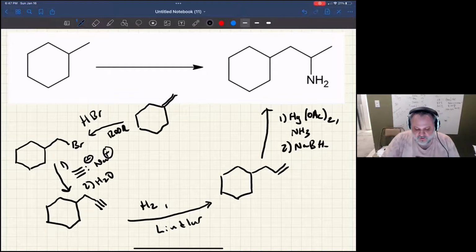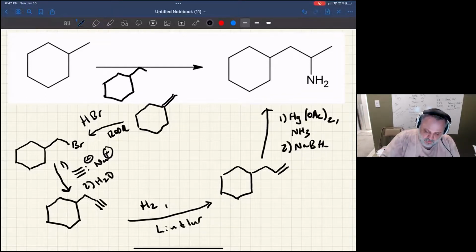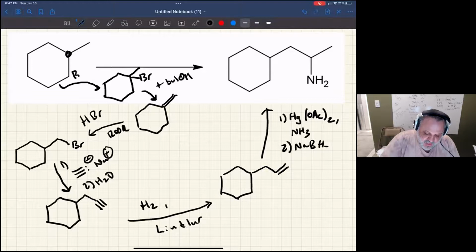And I think we're getting closer, because if I had a bromine here, then I could eliminate it with tertiary butoxide to get the Hofmann product. And because this is a tertiary position, I can add Br2 to an alkane with radical bromination.